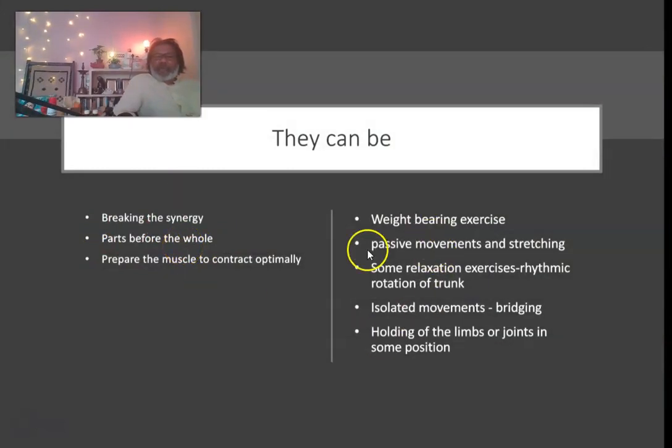The exercises which we give to achieve these things: commonly we do a weight bearing exercise, right? That is basically to break the synergy. We think that if a patient comes like this, we have to first keep it in an extension there.